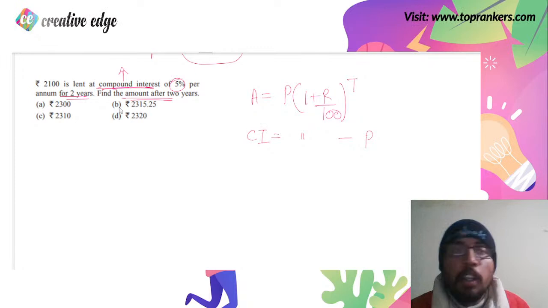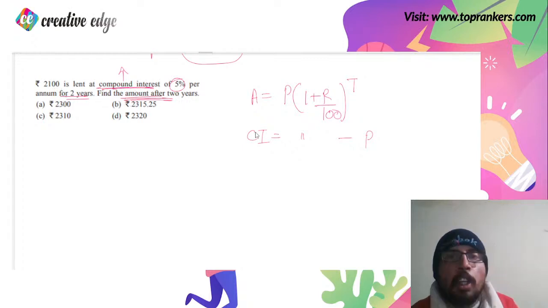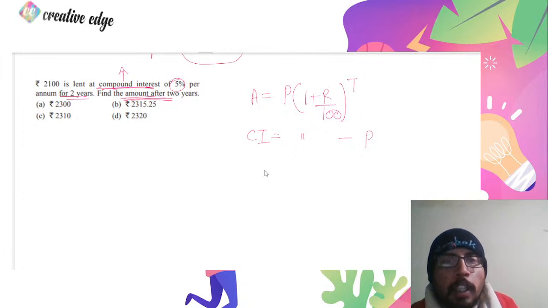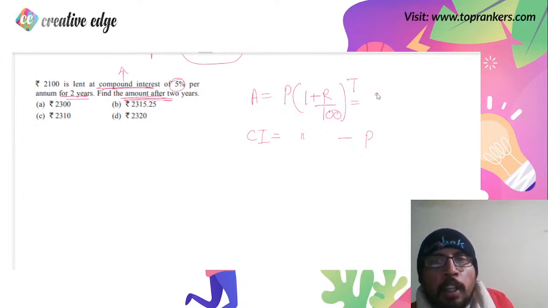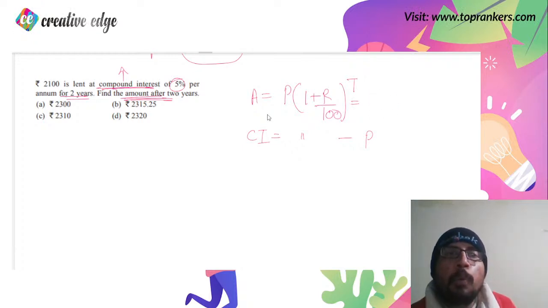Now the question reads 2100 is lent at compound interest at 5% per annum for 2 years. We have to find the amount after 2 years. One approach is to directly apply the formula. I'm telling you straightforwardly, I'm not going to solve it that way. You should apply the formula if you ever get this question in the actual examination.